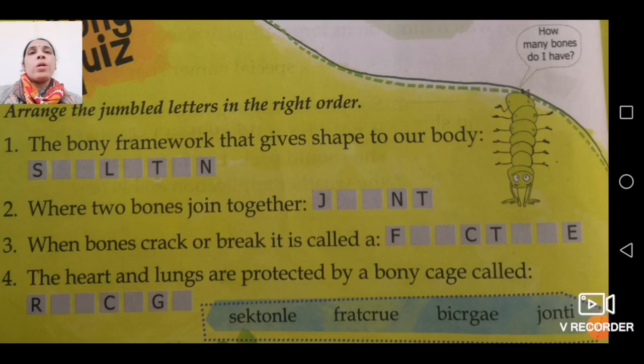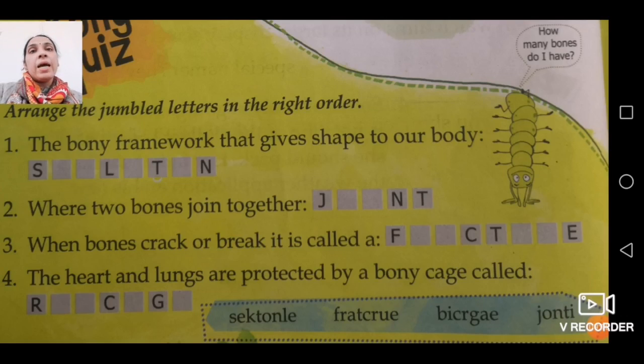Now number 4: the heart and lungs are protected by a bony cage, that is called the rib cage. Fine, the heart and lungs are protected by a bony cage, that I have told you.